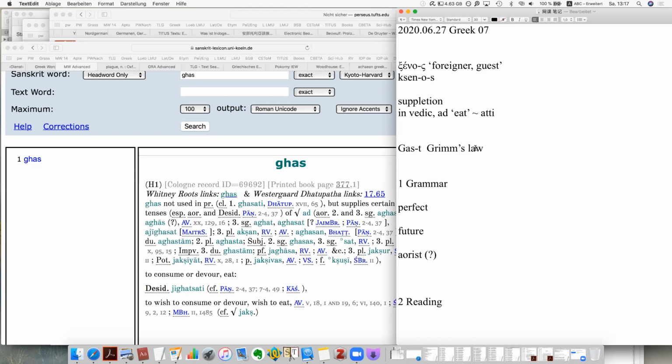Due to Grimm's law, we know g must come from PIE ghas, right? And ghas is usually preserved in Sanskrit.